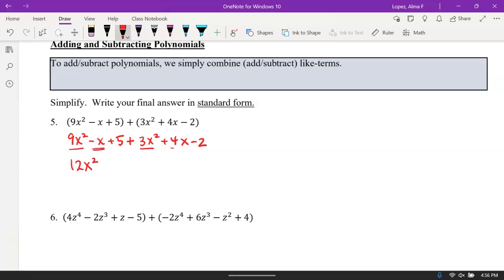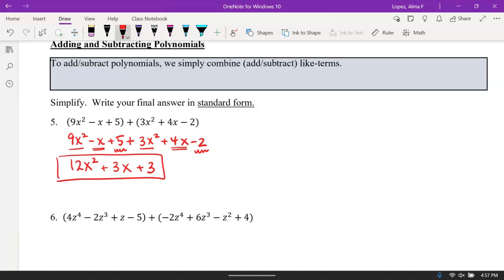Next, we'll look at our x's. We have a negative 1x and a positive 4x, which add up to a positive 3x. Next, we have a 5 and a negative 2. Both of those are just constants, and they add up to 3.